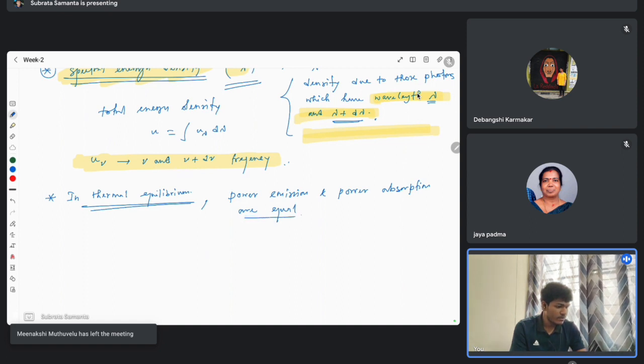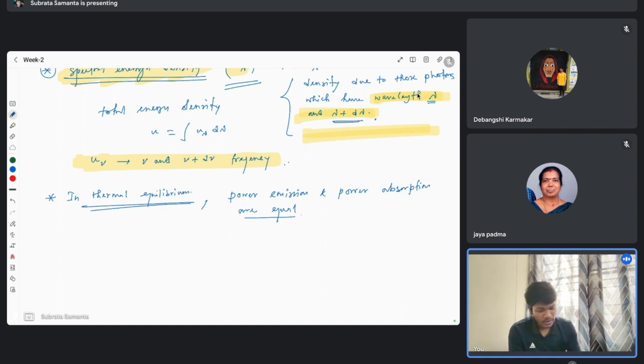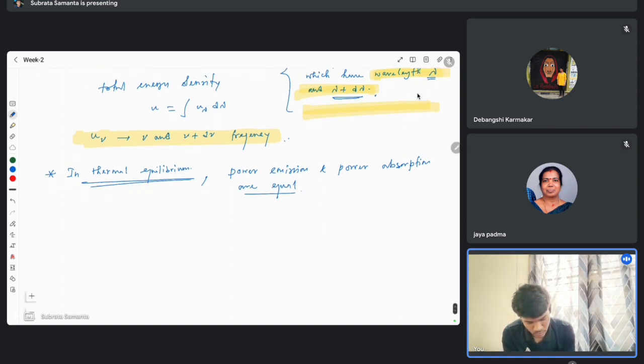So let's consider two containers, connected by a tube.